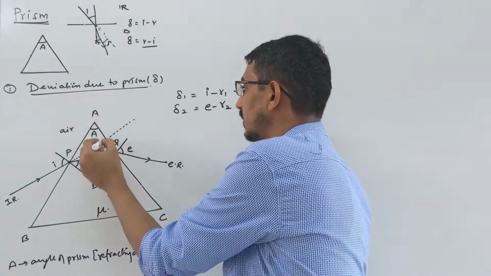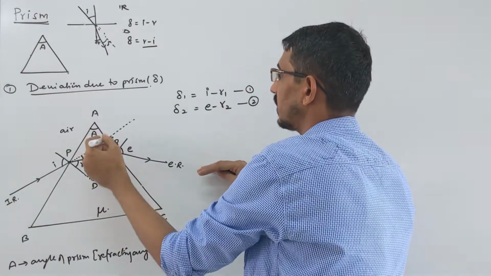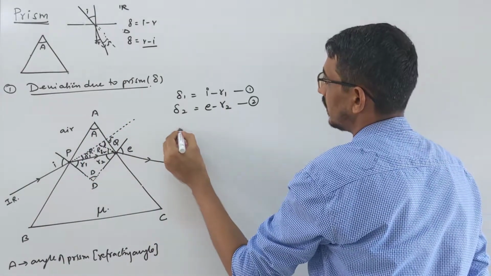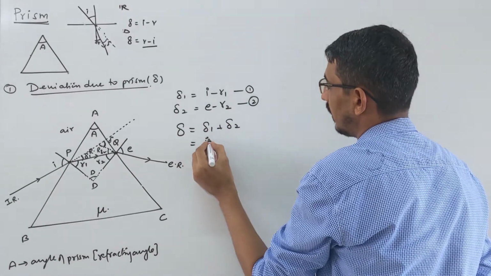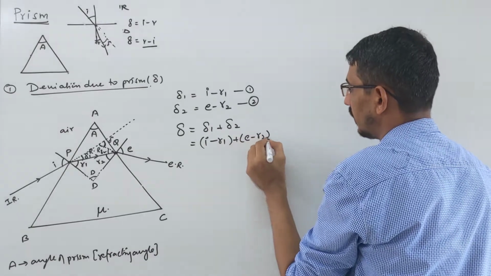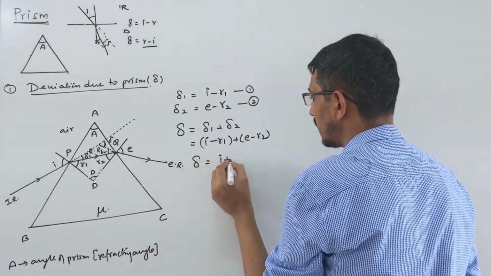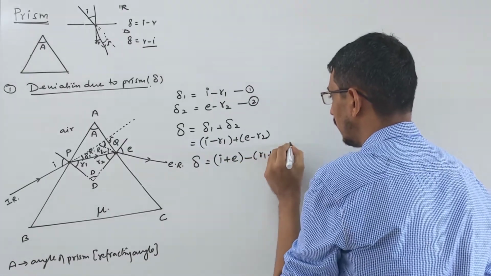This is the final direction, that was the initial direction, so if you extend backward, that's your net del. So del is equal to del 1 plus del 2, so I minus R1 plus E minus R2. So deviation you can write simply as I plus E minus R1 and R2.